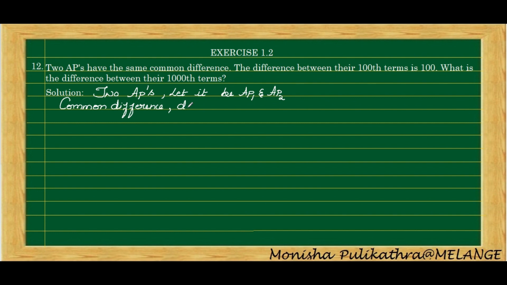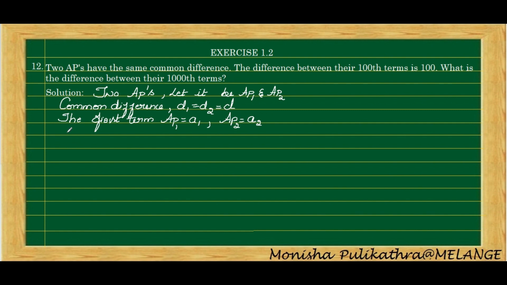So if they are the same, then D1 is equal to D2, which will become D. And they have not mentioned if their first term is the same or not. So the first term of AP1 will be A1 and of AP2 will be A2.